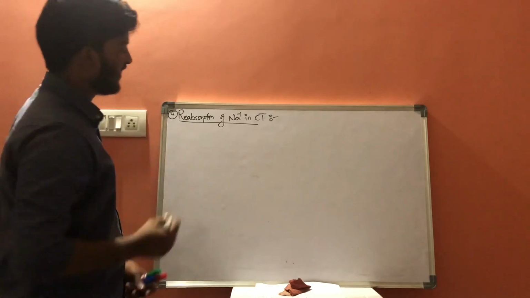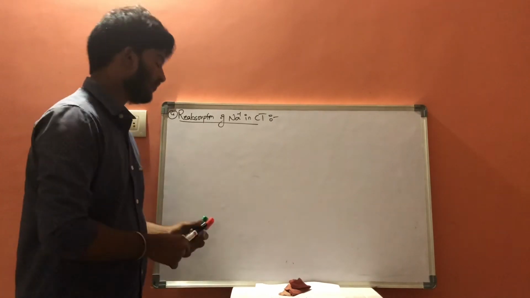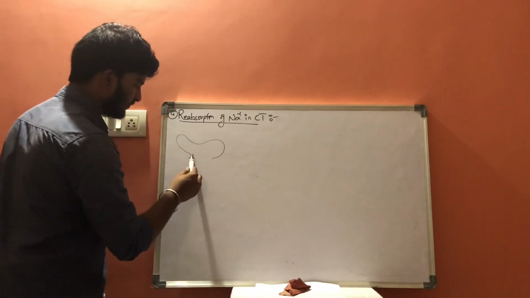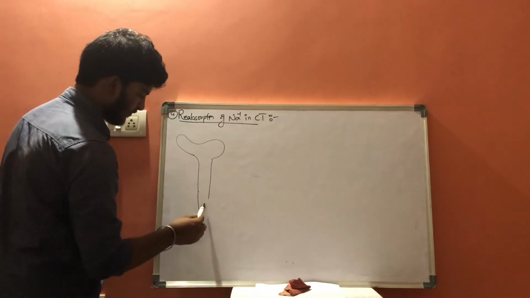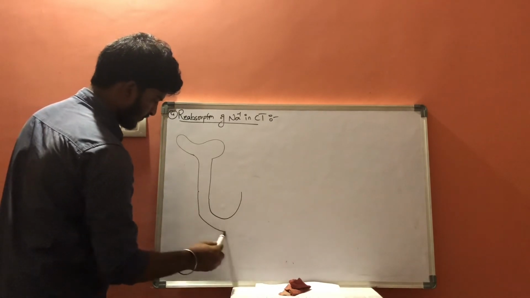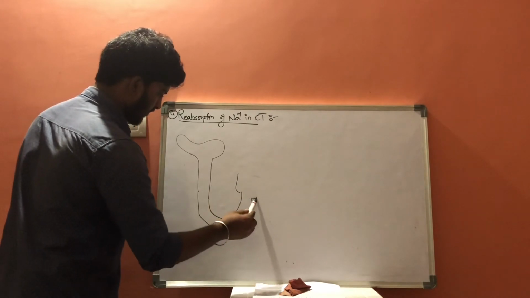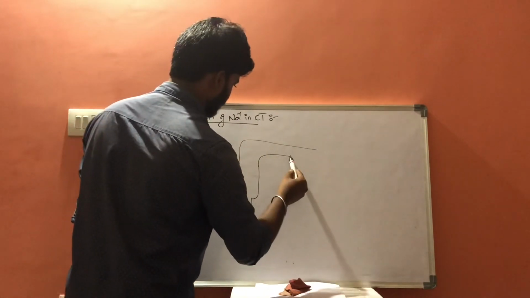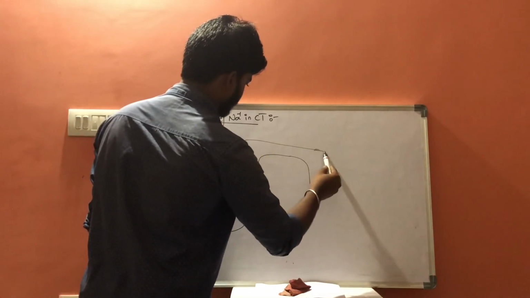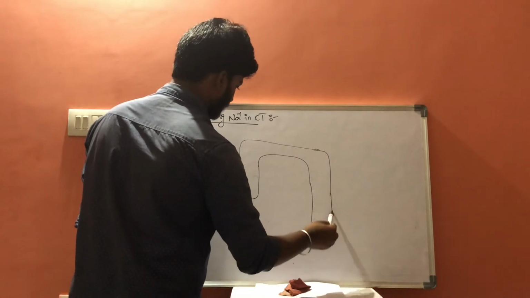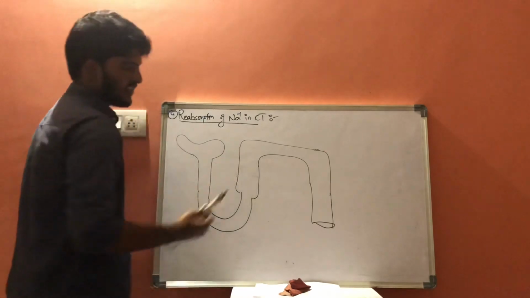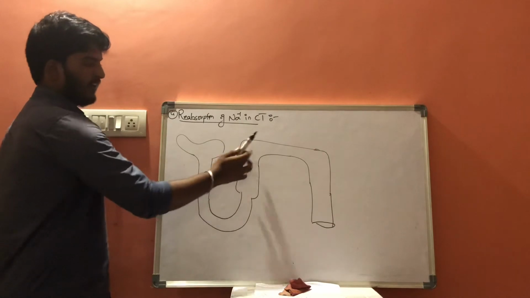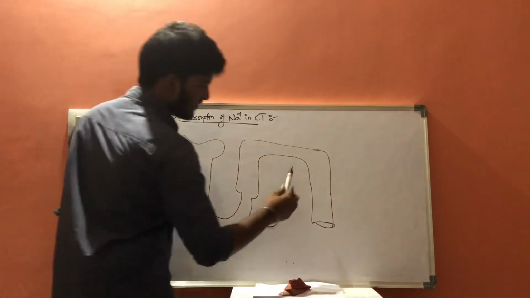Let us consider this one nephron: this is the Bowman's capsule, PCT, loop of Henle, and DCT, and here these are the collecting ducts.